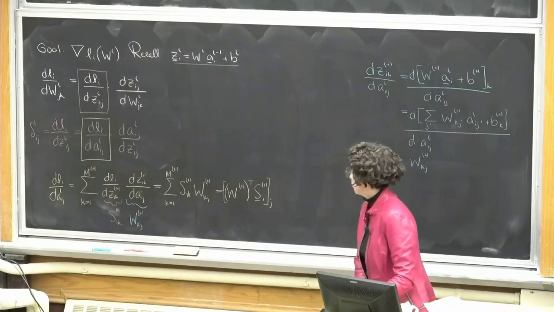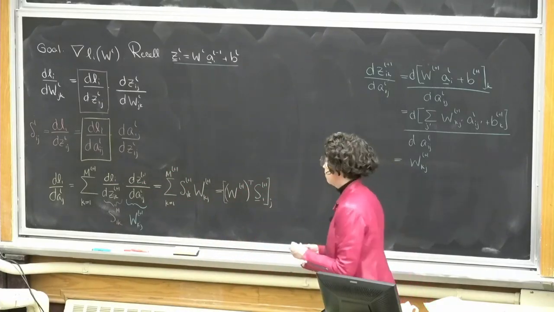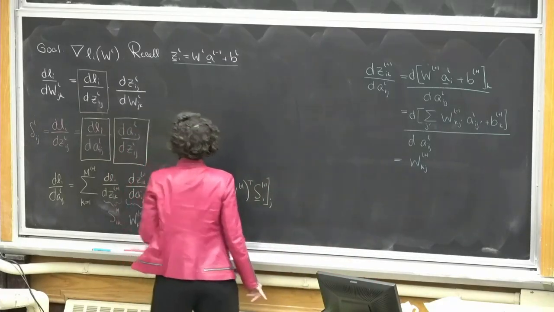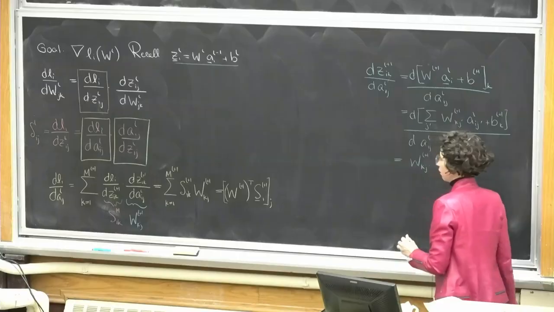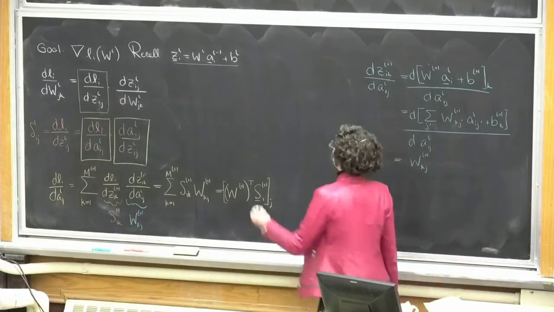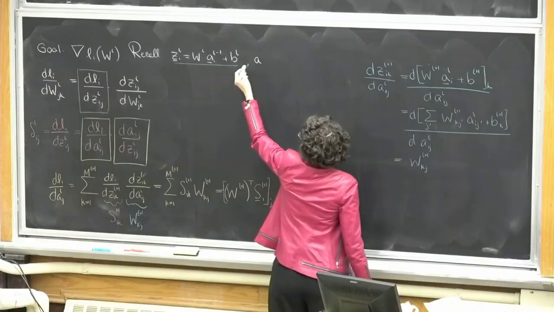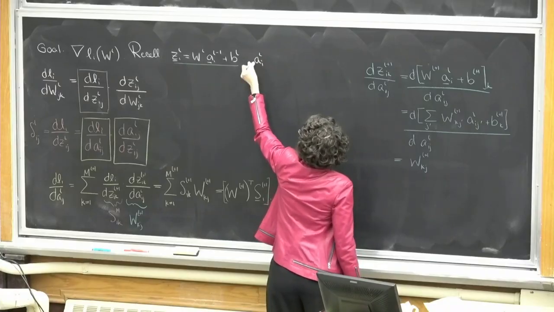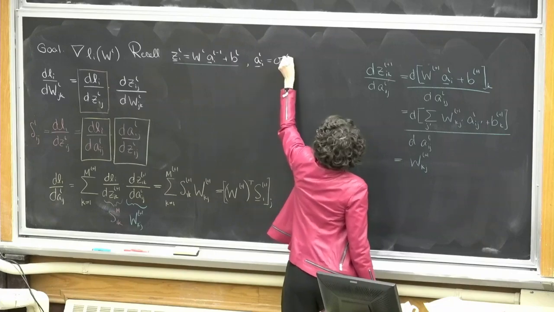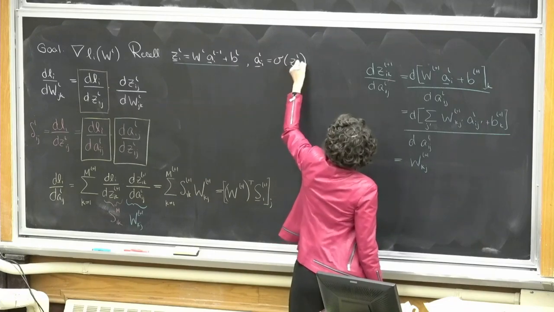Next, I need to compute the derivative of a_ij^l with respect to z_ij^l. And so just recall that from our master equations, a_i for layer l was simply equal to sigma applied to z_i at layer l.